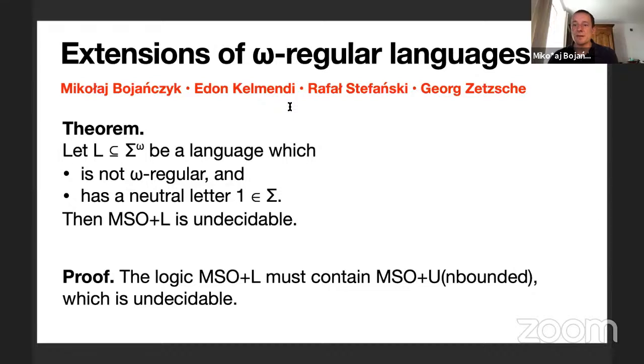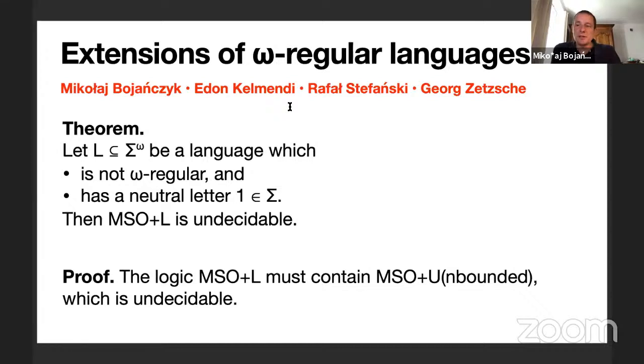The thing that confuses me is that we are not considering one logic MSO plus L, but it is a family of logics for every choice of language L. You take any language, for example, the set of omega words where every occurrence of the letter A is on a square numbered position.